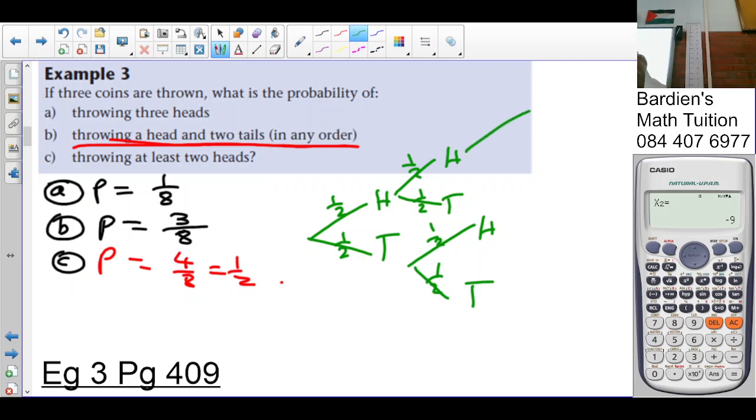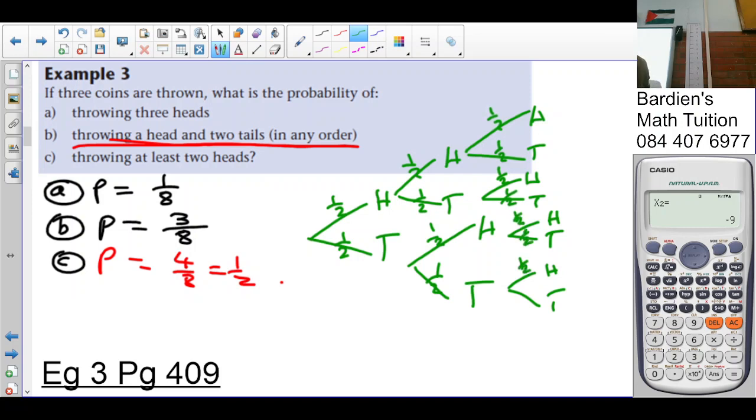And the third event can either be heads or tails, heads or tails, heads or tails, heads or tails. It's half, half, half. And then from here you could list your outcomes again. Okay, you guys understand? With this you should be able to do the exercise.